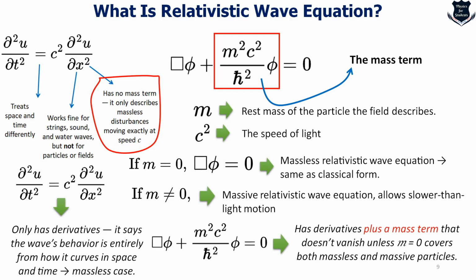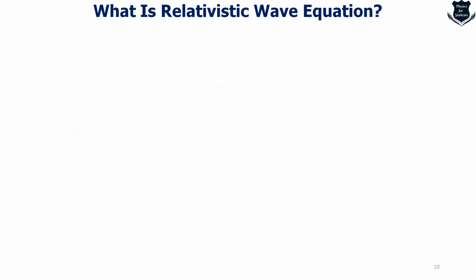But in relativity, the wave's own mass adds a kind of twist, influencing its motion even when the curvature is actually 0. So we got the Klein-Gordon equation, the first attempt to describe not only massless particles but also particles with mass.